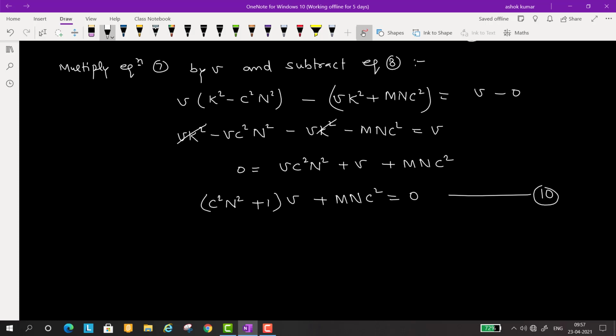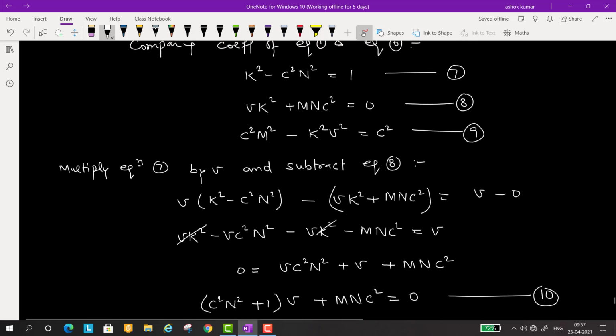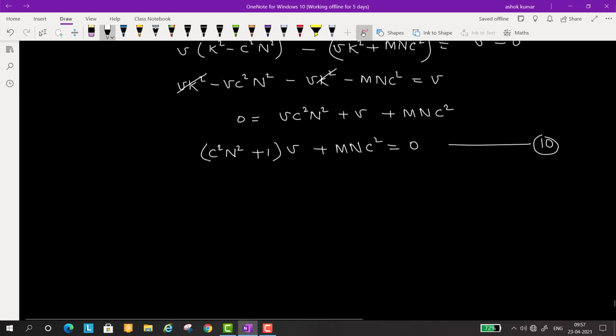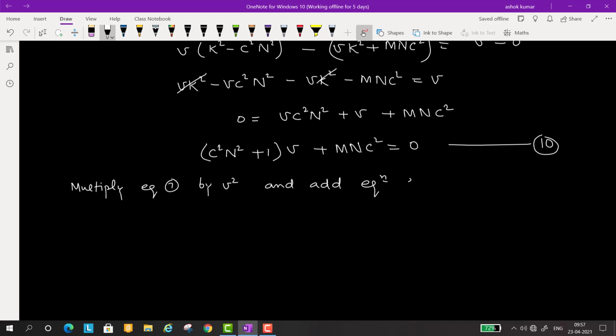So now we have dealt with 7 and 8. Now we will be dealing with 7 and 9. To deal with 7 and 9, we will multiply 7 by v square and add equation number 9. So multiply equation number 7 by v square and add equation number 9.